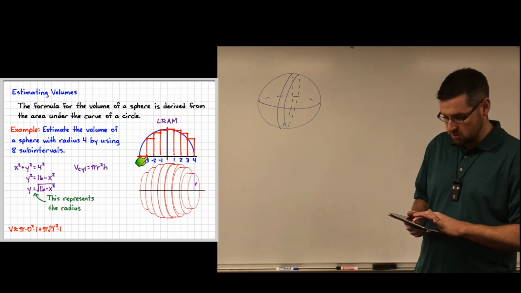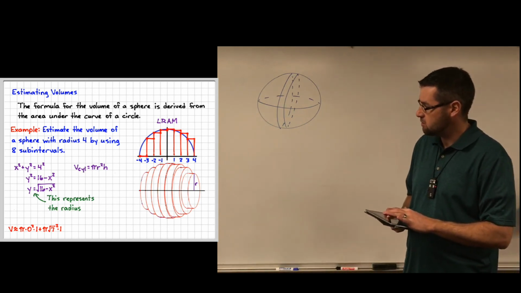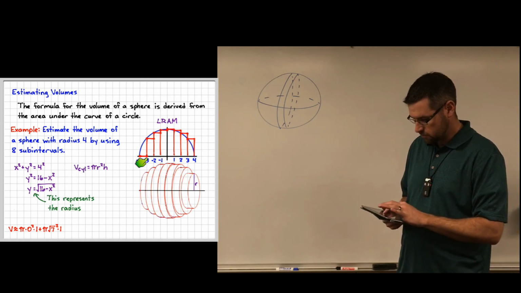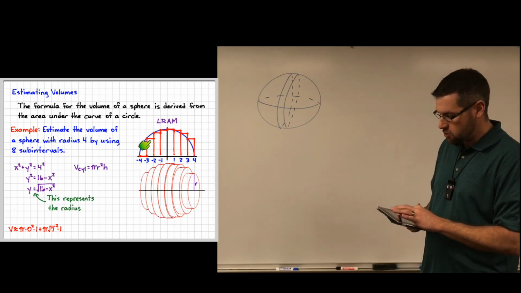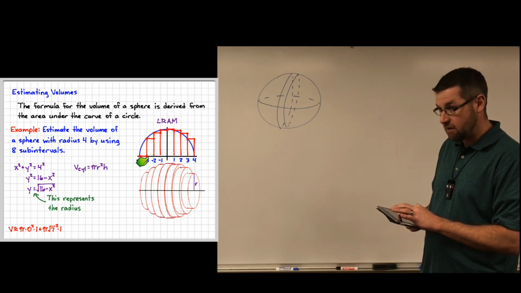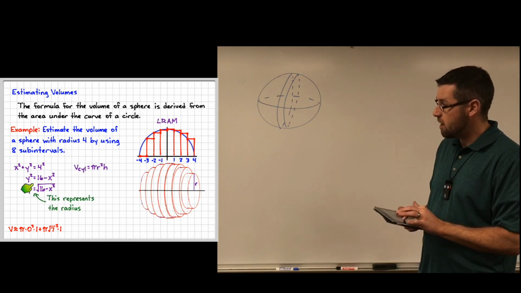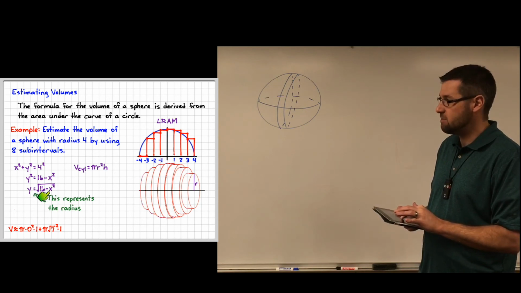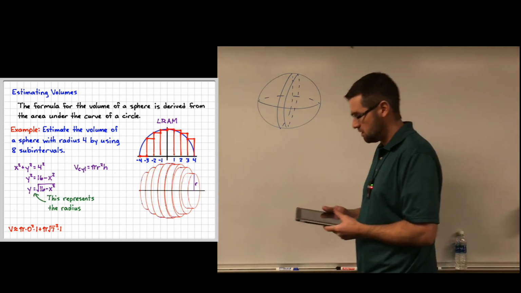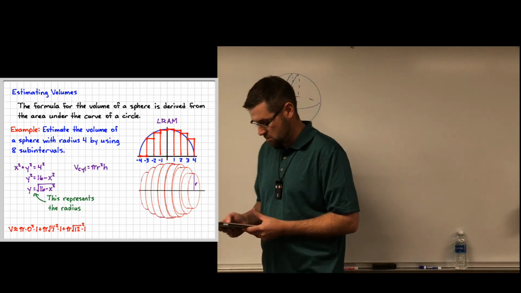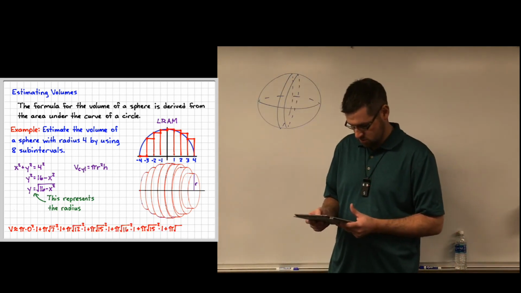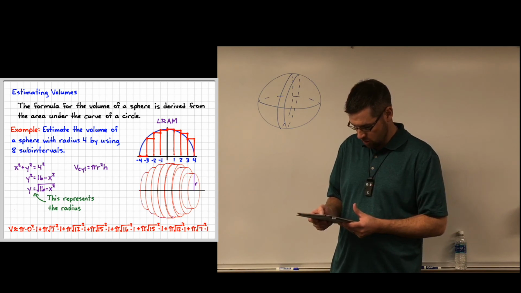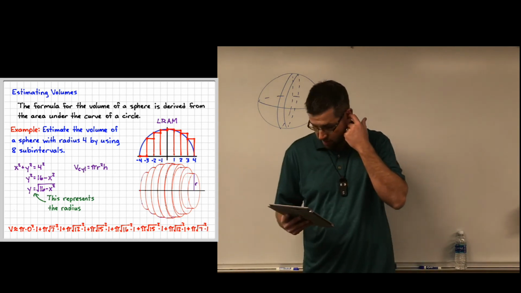What would the next cylinder's radius be? Okay, so the radius is this height, right? So I plugged in -3 to my equation. So I plug in -3, I get 9. And then 16 minus 9 is 7, I square root it. So that's that. We actually did pretty good there.